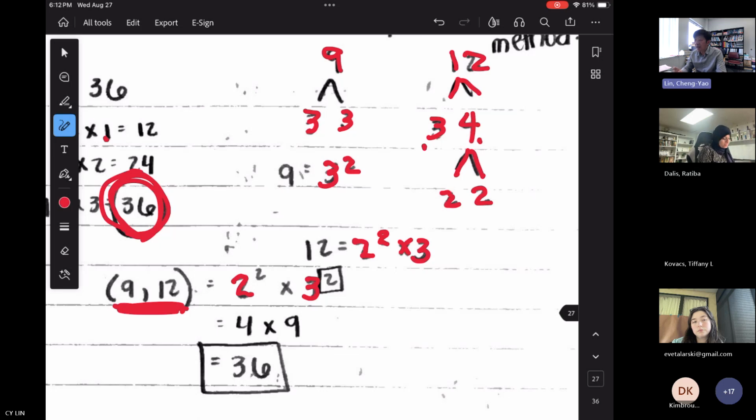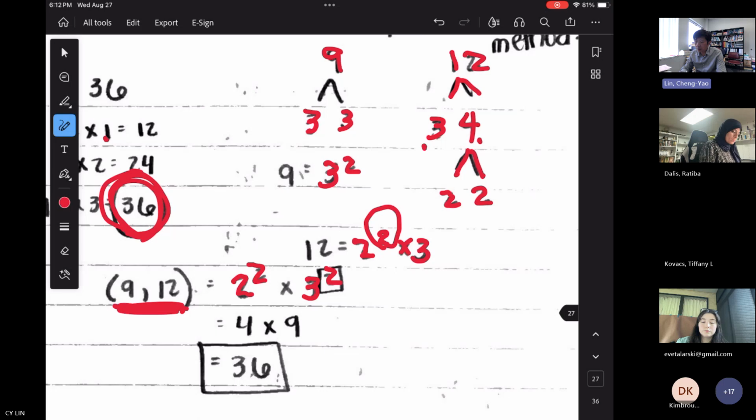Yes. And then the final step, we choose the greatest power. Here we have 2 squared. Now 3 squared or 3, which one do we choose? We choose the greatest power, so we choose 3 squared.